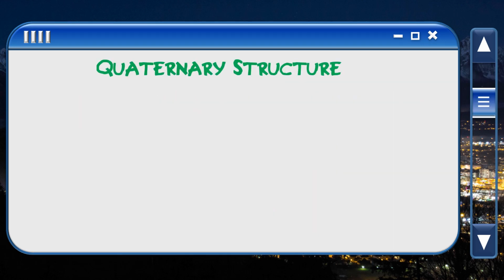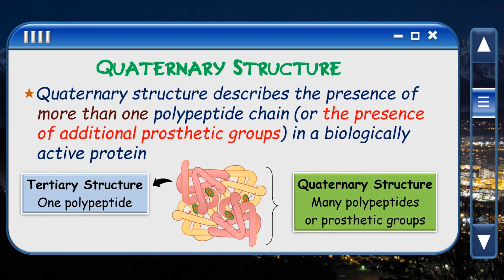Now we move to the quaternary structure. Let's go to the quaternary structure. A quaternary structure describes the presence of more than one polypeptide. Here we have more than one polypeptide chain, or the presence of an additional prosthetic group in a biologically active protein.